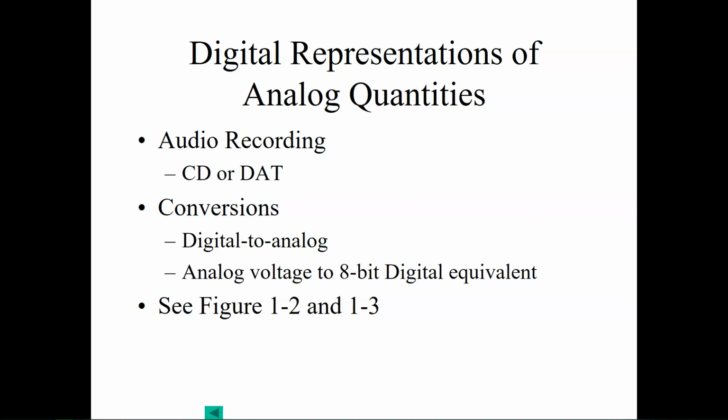That's why it's a digital representation of an analog quantity. We call it digital because just like with a record player, the needle moves or the laser moves as it reads the disc, which allows the sound to become a digital representation of it.